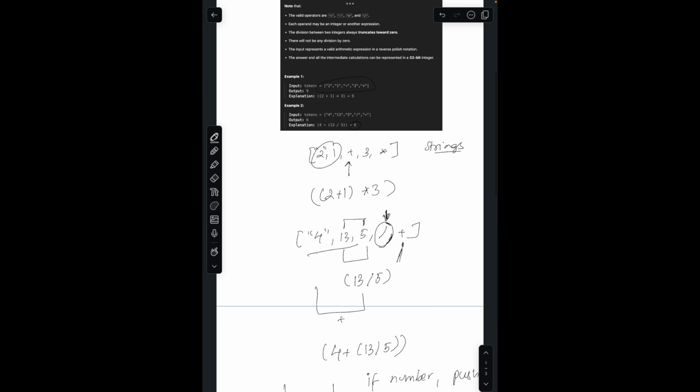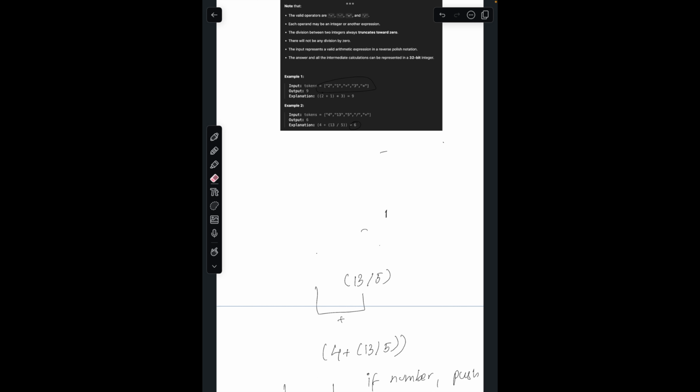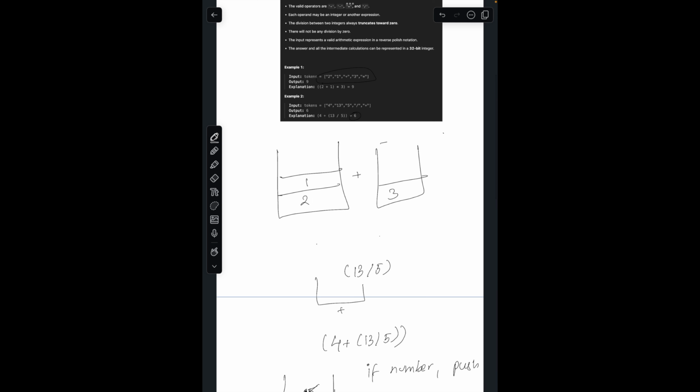Similarly, let's see this problem. We push in 2, we push in 1, we get an addition. This gives us 3, and we have 3 again.